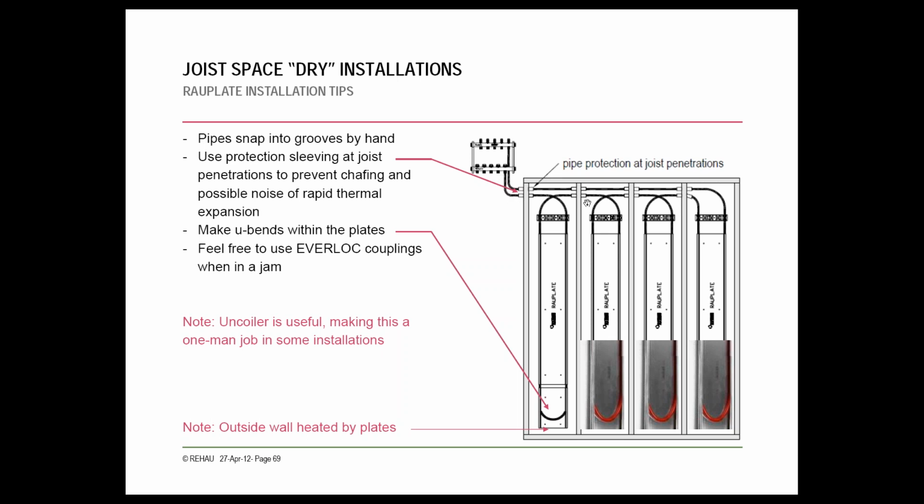You are going to be putting a lot of holes in the joists just to get all the pipe run, so you need to accommodate that as well. This is showing the Rao plate panels, but the same recommendations would apply to any panel system, or if you were not using panels at all.